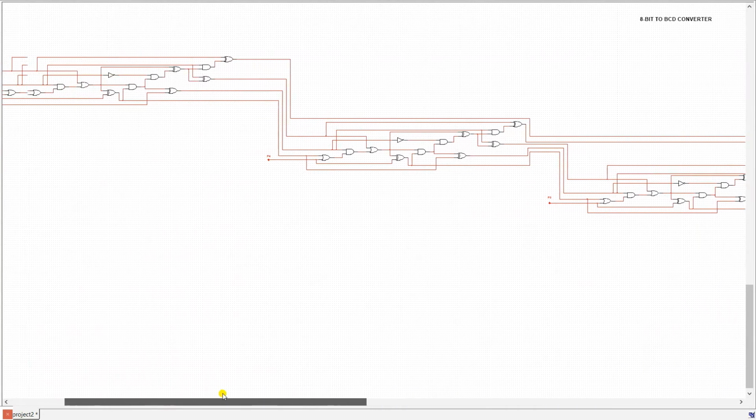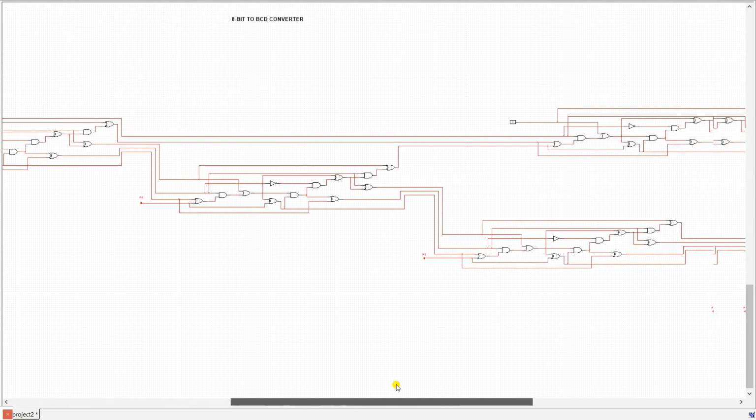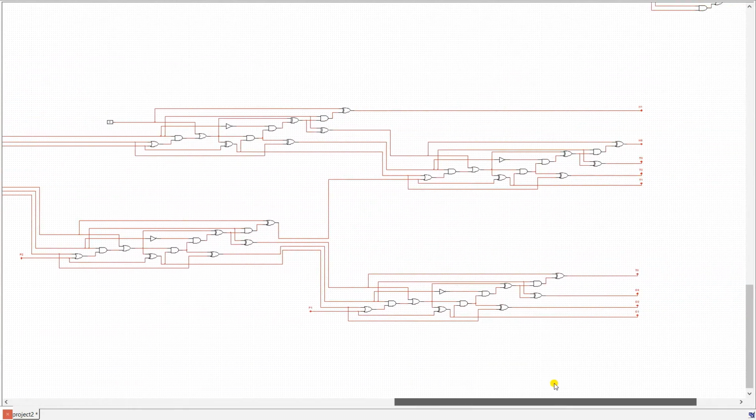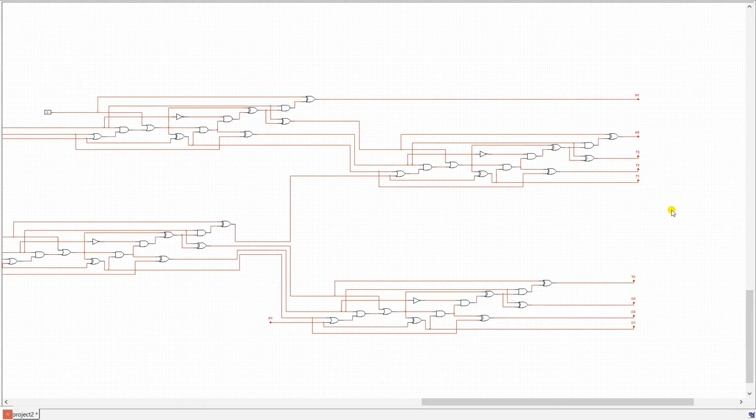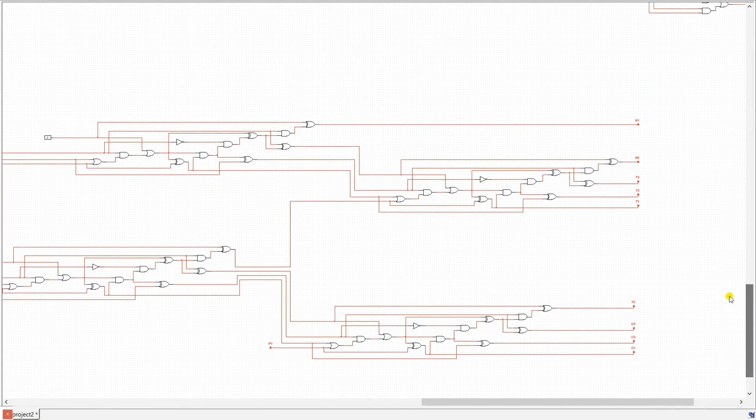We connect a series of that module, and then we have an output of 4 bits for ones, 4 bits for tens, and 2 bits for the hundreds digit, which we can decode easily to the 3 7-segment displays.